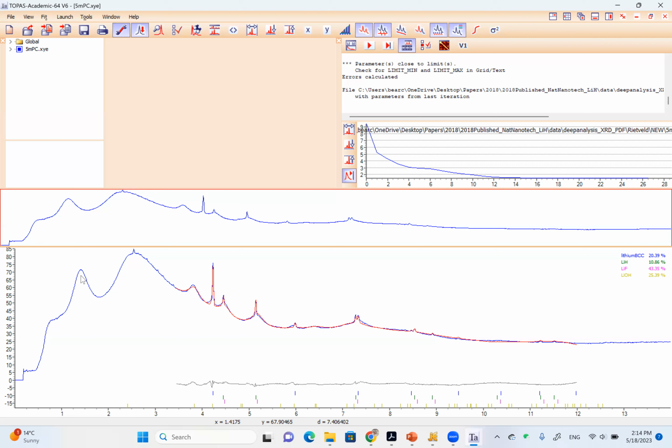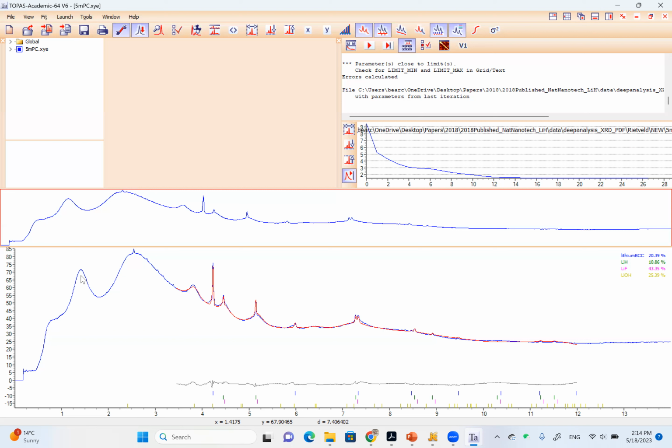For example, if we talk about the layered materials, the d-spacing should be about less than 5 angstrom. So 7 angstrom is pretty big, and it's not coming from a crystallized structure. And we can also tell from the broad peak, right?